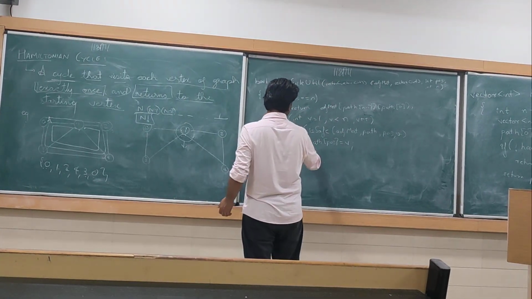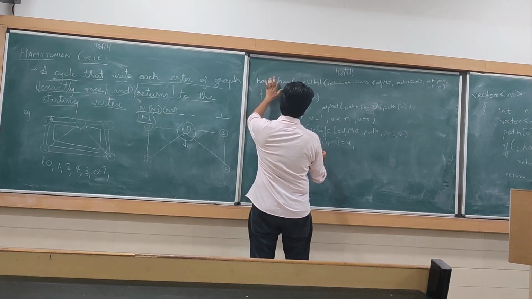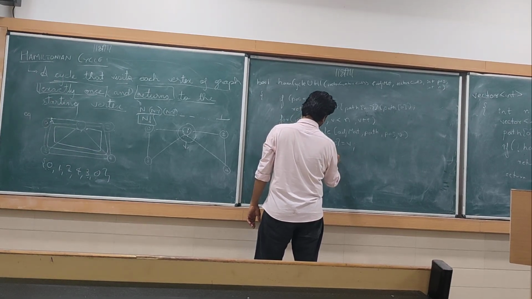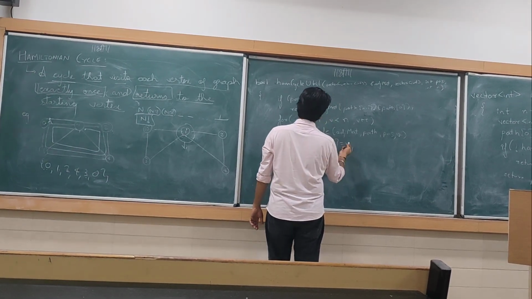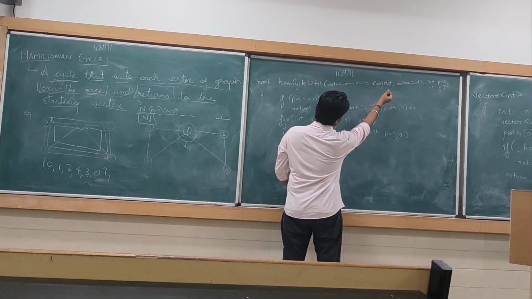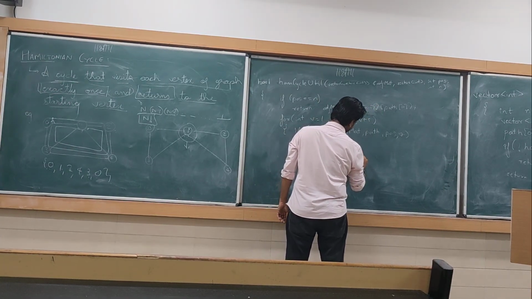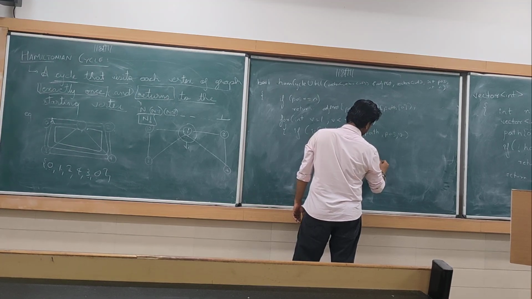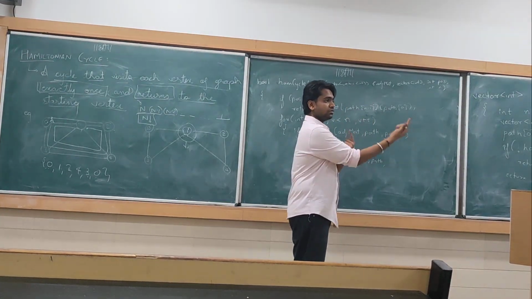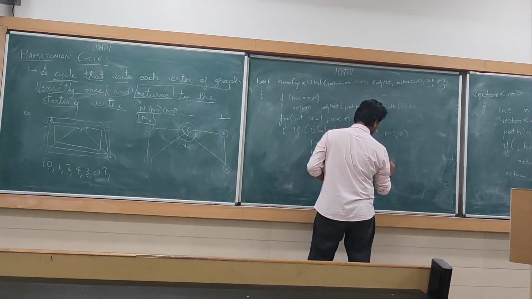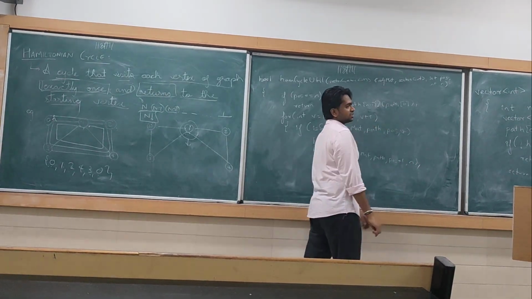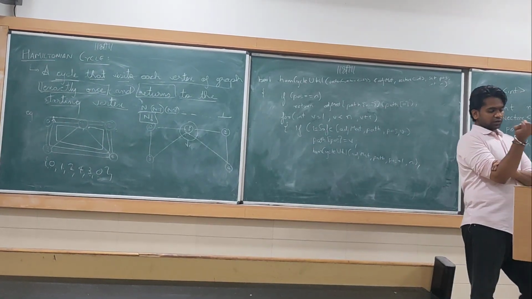So now if this is safe, I call this function again. Hamiltonian cycle utility. First क्या है? Adjacency matrix. Second path. Position अभी +1. Is this clear? Yes or no?